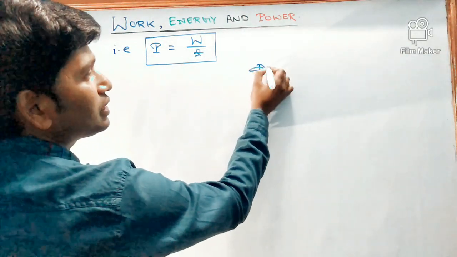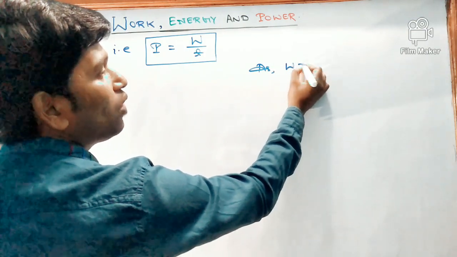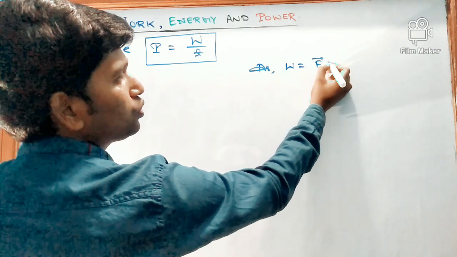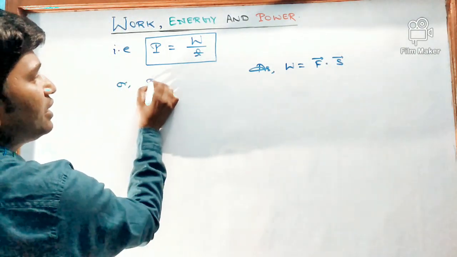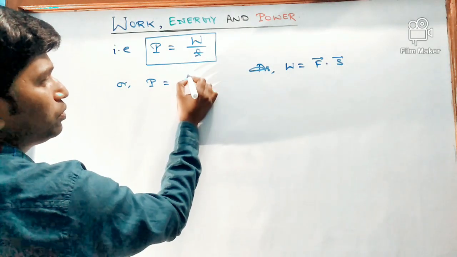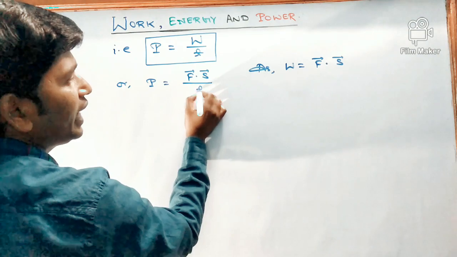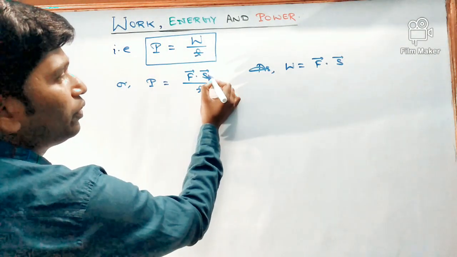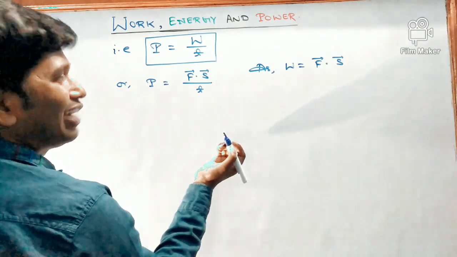As we have studied in the previous video, work is equal to force dot displacement. So we can write here power is equal to force dot displacement by time. We already know rate of change of displacement is velocity.